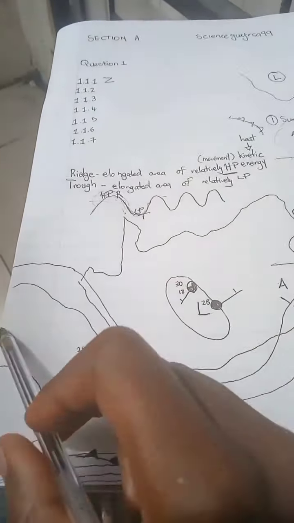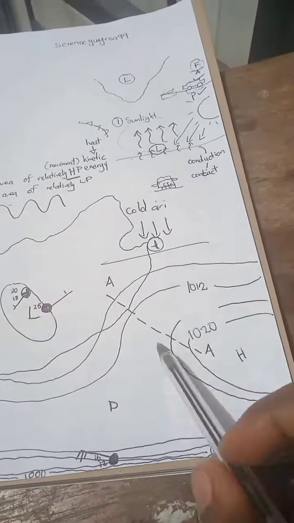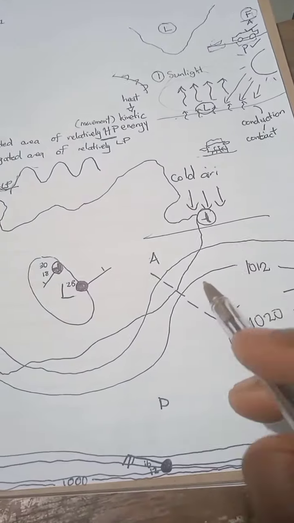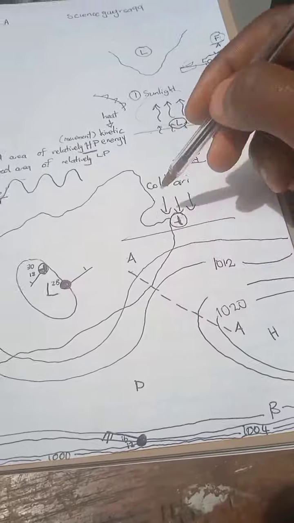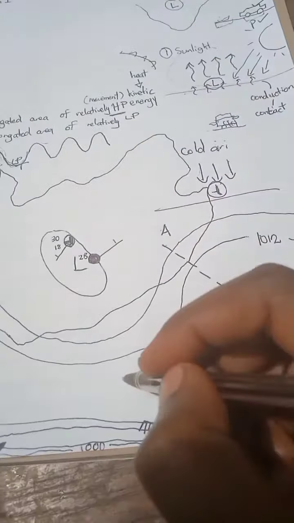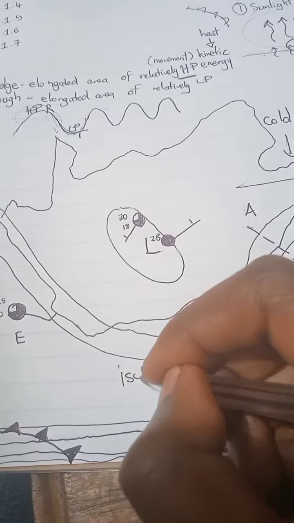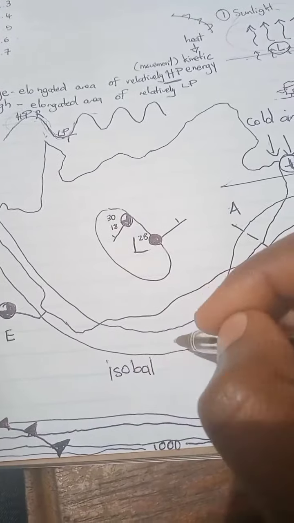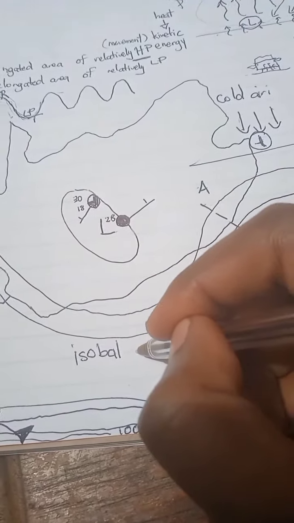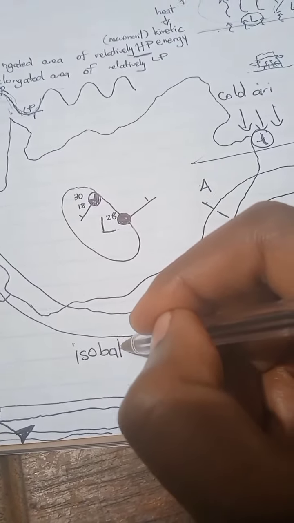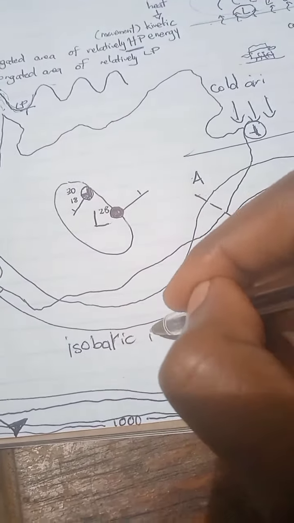So that's a high pressure, low pressure, high pressure. Okay, so looking at the isobaric interval. Isobaric interval, guys, is the interval or the difference between consecutive isobars.